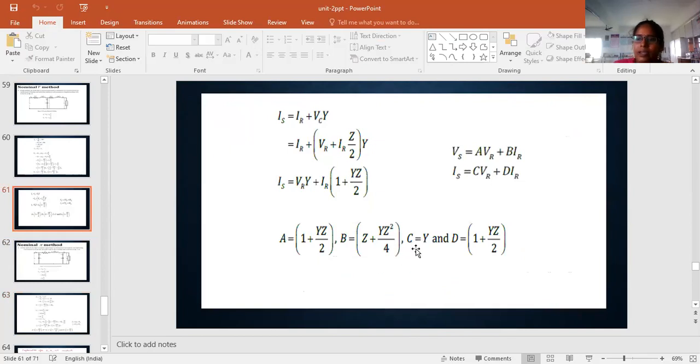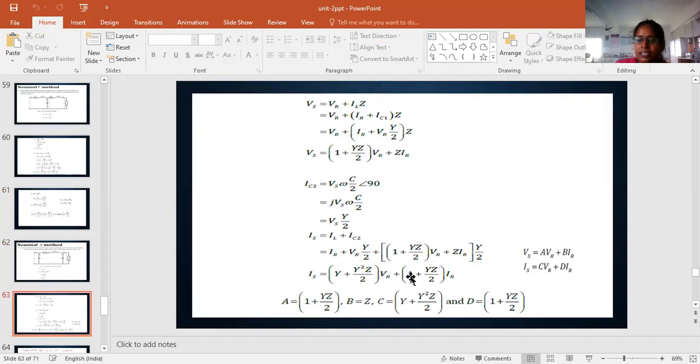C equal to y here, and in the nominal pi method, C equal to y plus y square Z by 4. And here B is Z plus y Z square by 4, with impedance present. Here y is there, the Z square value comes, and here Z is there, the y square value will come. Okay, so in that way we can identify the formulas and easily write them down.